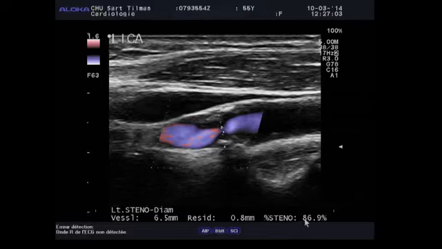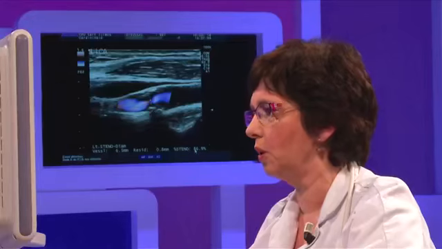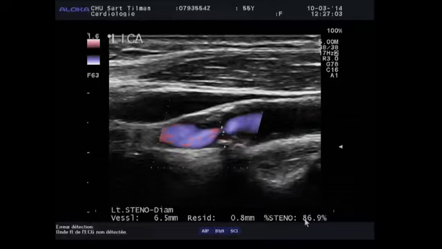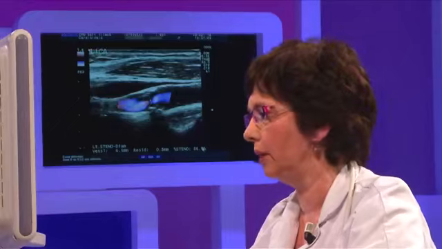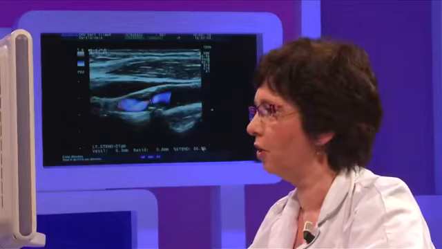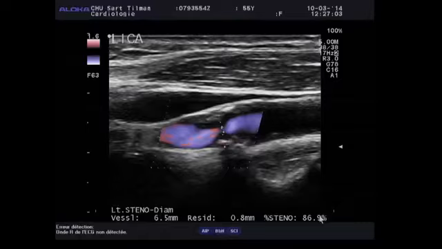So usually we must use the NASCET method because it corresponds to CT scan and MRI, and usually we don't use ECST. If you want to use ECST measurement, you must specify it and be cautious, because people who will read your paper maybe won't understand what you've said. So I think it's much safer to use NASCET.